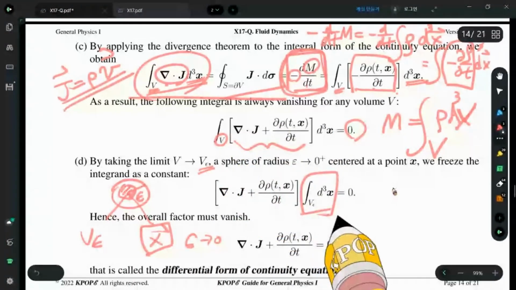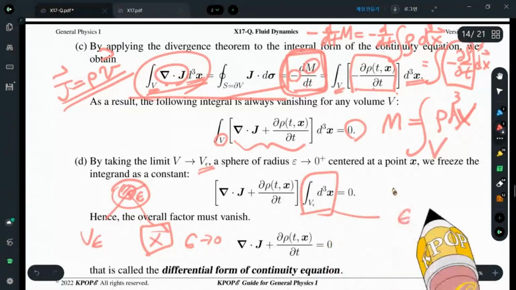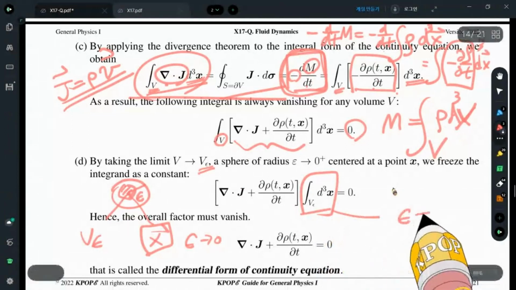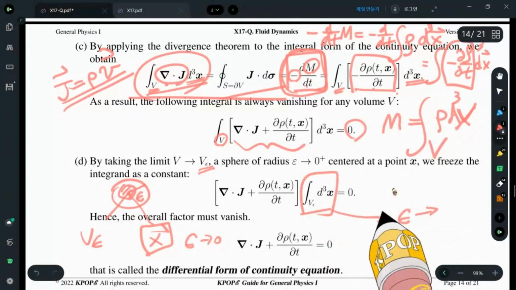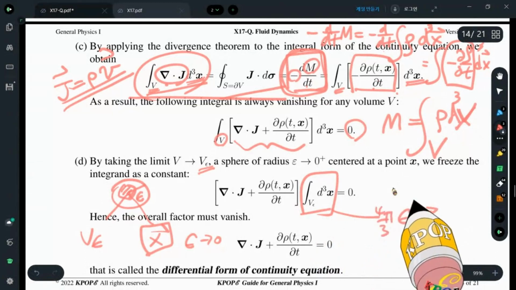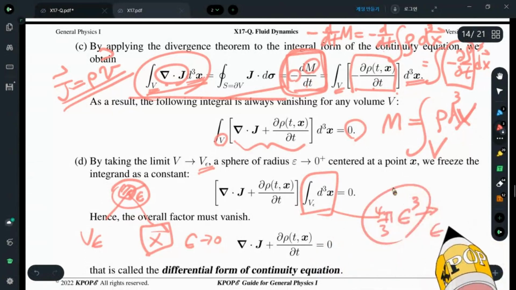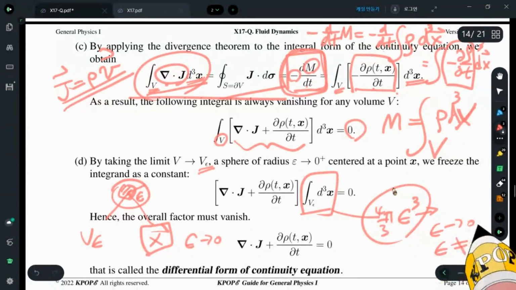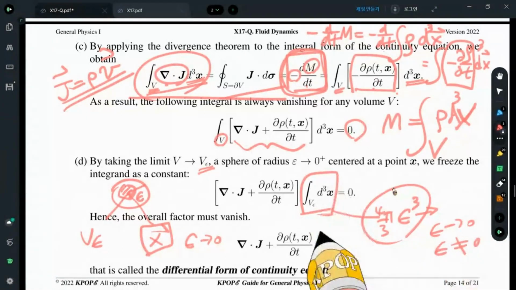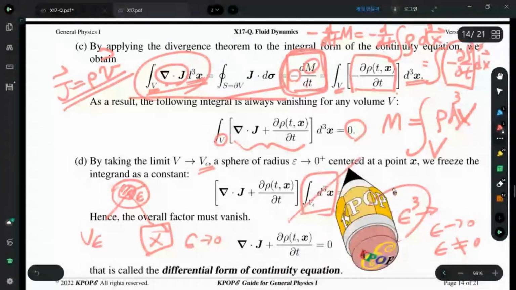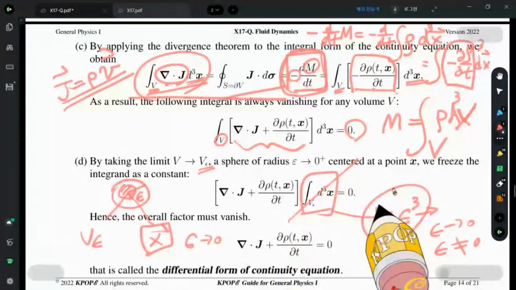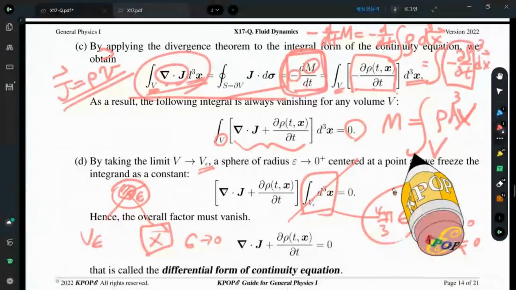And this volume becomes very small, and epsilon goes to 0, but going to 0 does not mean epsilon is 0. It doesn't touch 0. So it's just tiny, so I can divide both sides.